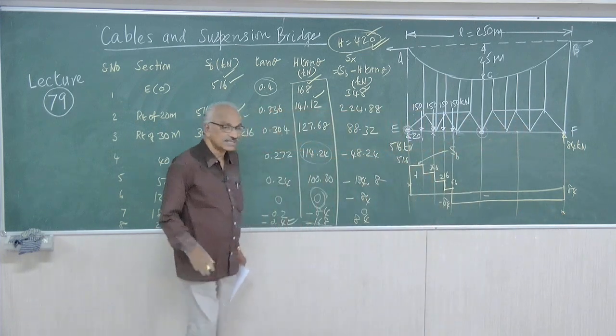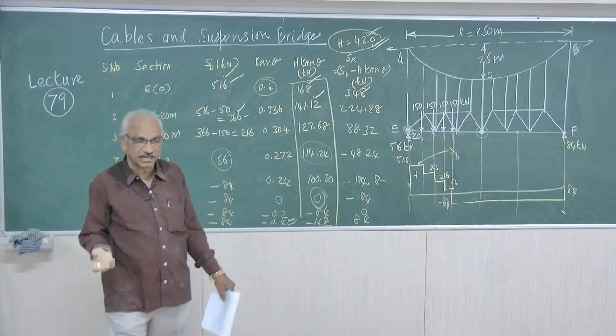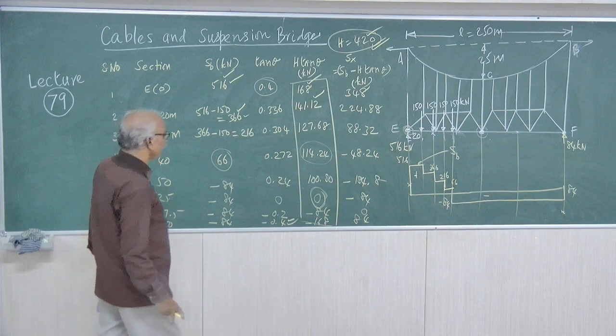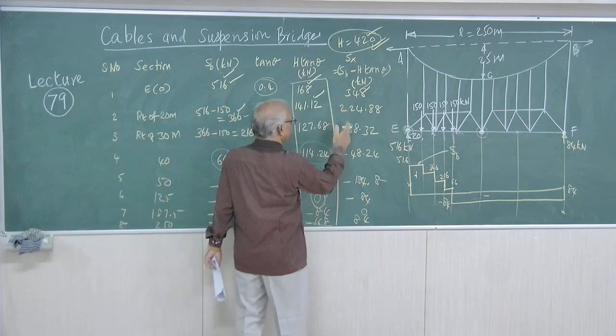But when the diagram is not drawn to scale, we have to be a little careful about the ordinates, because of where you are getting plus and where you are getting minus.